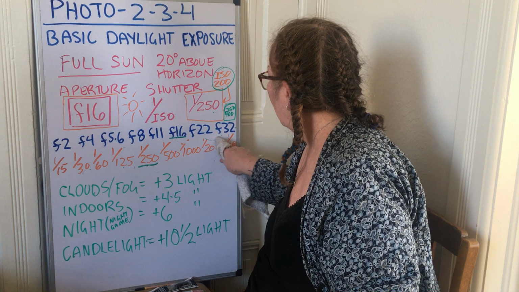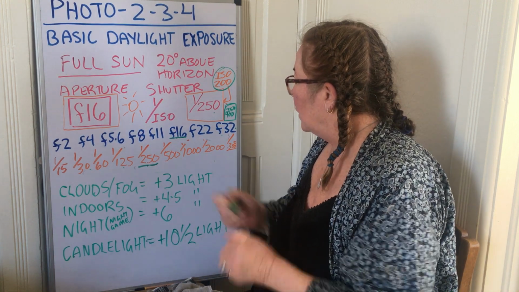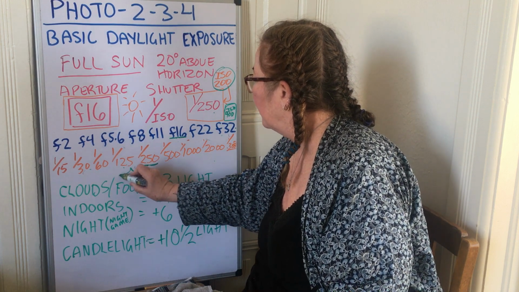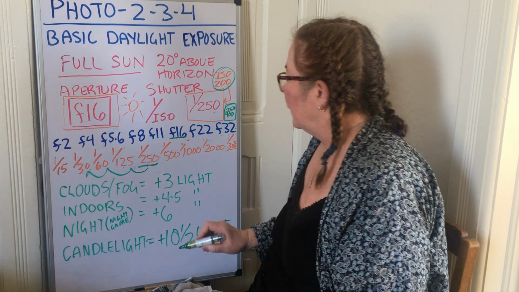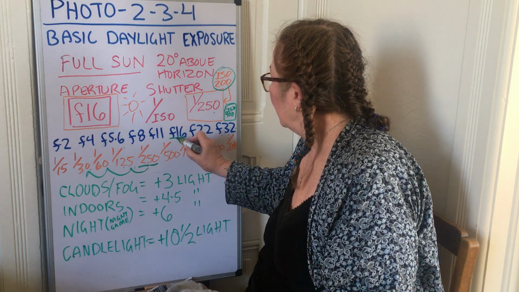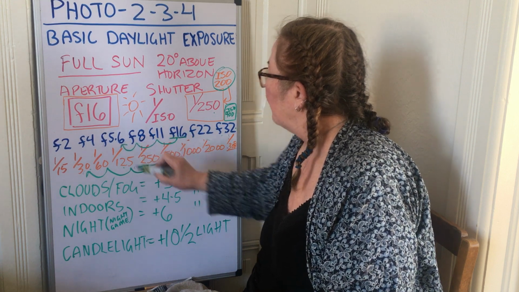All right, so now clouds and fog, you need 3 stops more light. So you either slow down your shutter speed, if things aren't moving, or you can open up your aperture, right? Make your aperture larger.